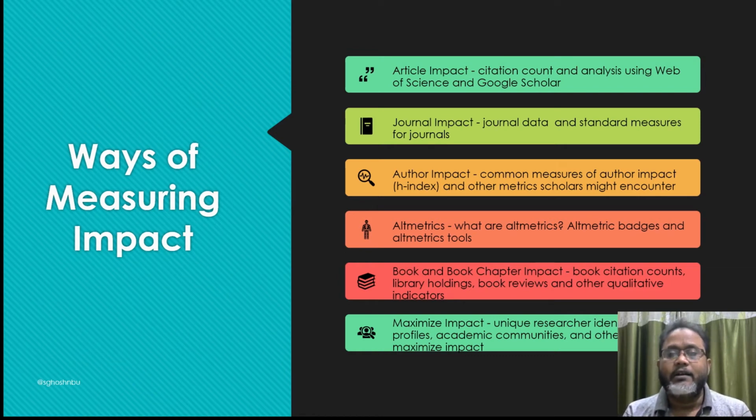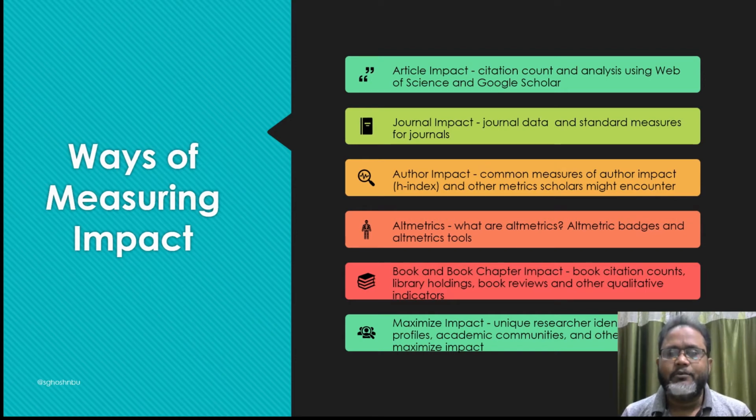And thirdly, the author impact. One measure is the H index, which I will tell you about. That is an individual-centric metric: as an author, how you are rated by other fellows in the discipline.